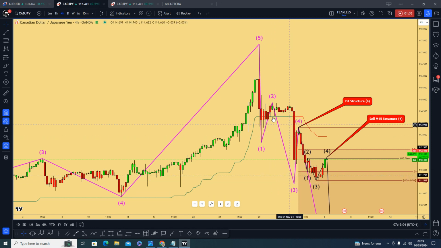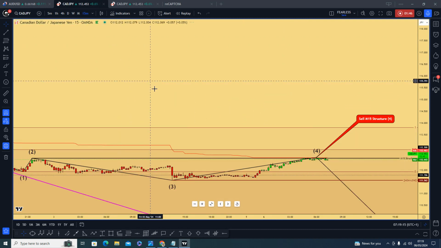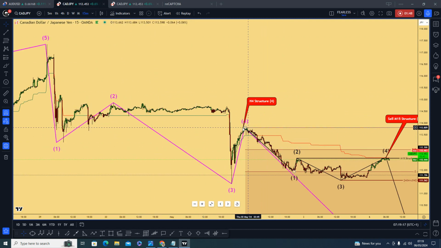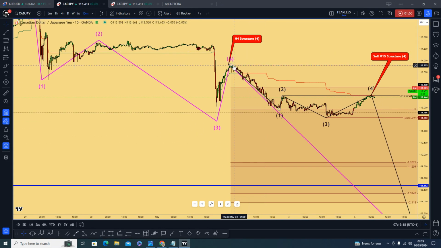Each swing on the 4 hours should give us 5 swings on the 15 minutes chart. So we go to the 15 minutes chart and you can see the 4 on the 15 minutes is actually the 4 on the 4 hours, sorry, as printed 0, 1, 2, 3, then 4 as manipulated, which is taking the stops here.